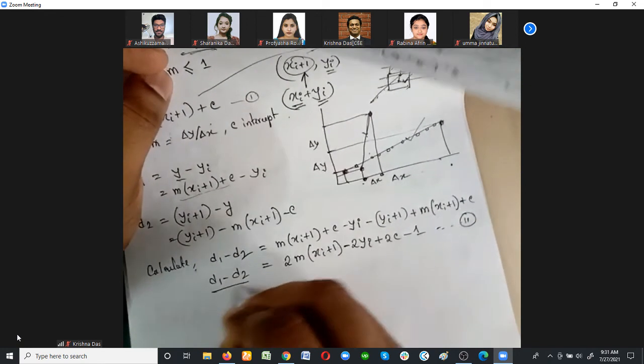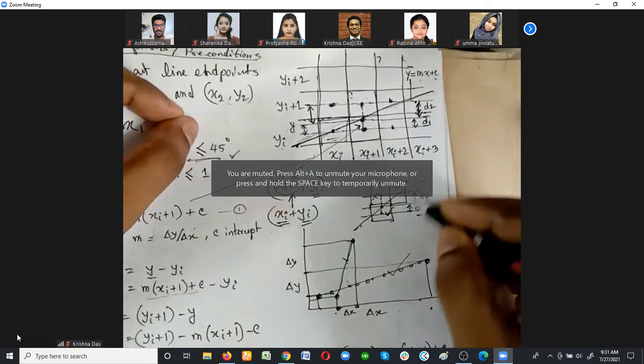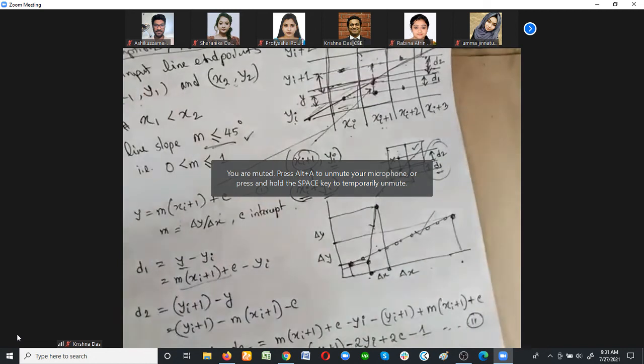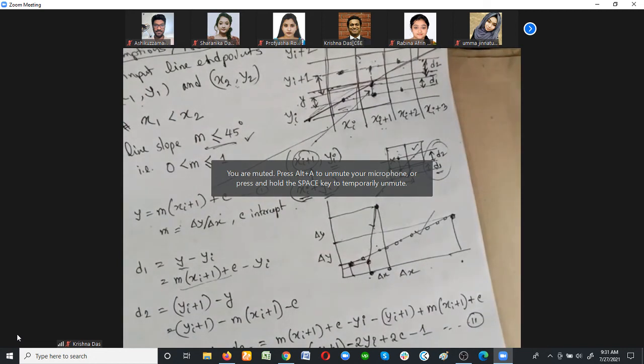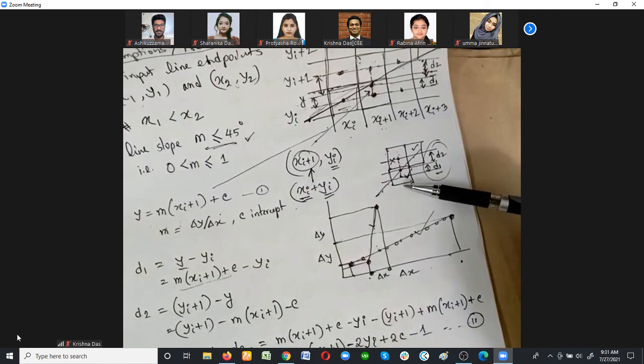This is important, as you can see already. We have discussed that d1 and d2 and their differences: if d1 is smaller, then take the lower one, or if d2 is smaller, then take the upper one. Now how will the computer identify which one is smaller and which one is greater?